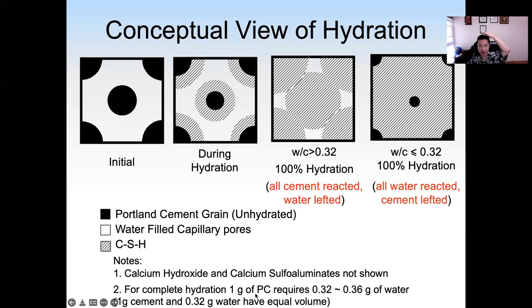The density of Portland cement is around 3.15. So if we transfer 1 gram of PC into volume, you will find 1 gram of Portland cement has almost the same volume as 0.32 gram of water. So we call that the equal volume concept. The same volume of cement will fully hydrate with the same volume of water.